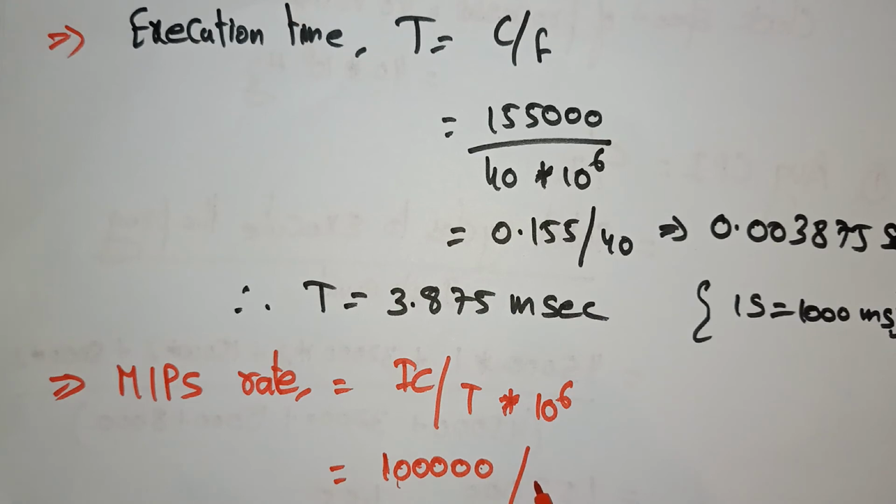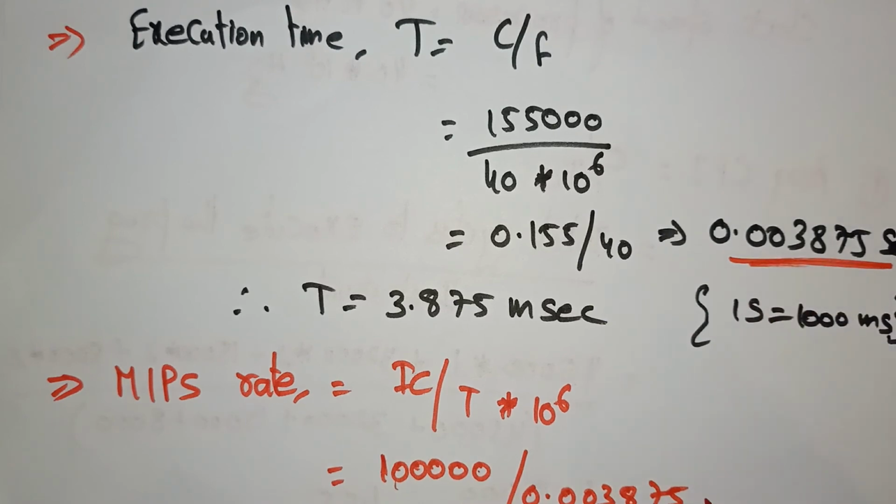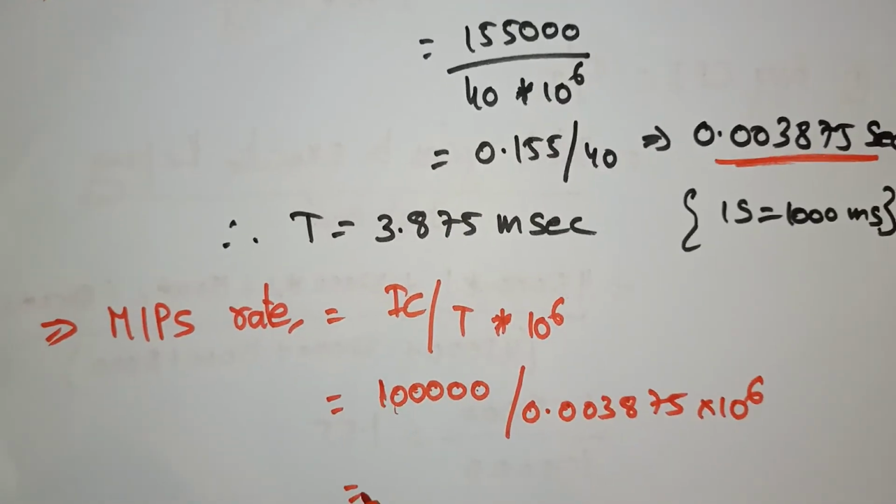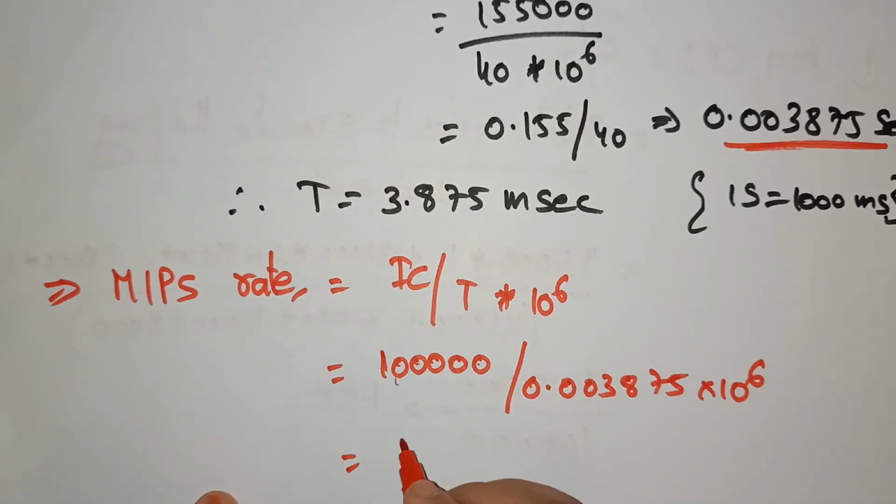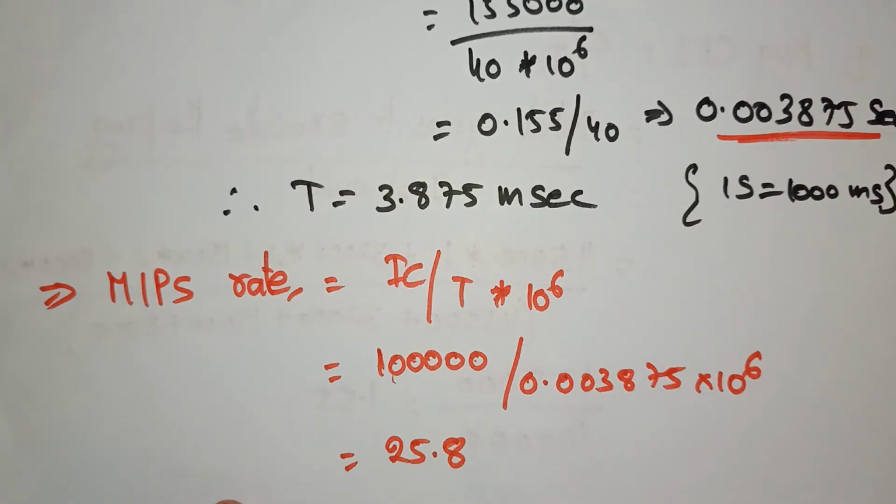T is 0.003875. So the MIPS rate for the given instructions is 25.8. In this way you need to calculate the problems.